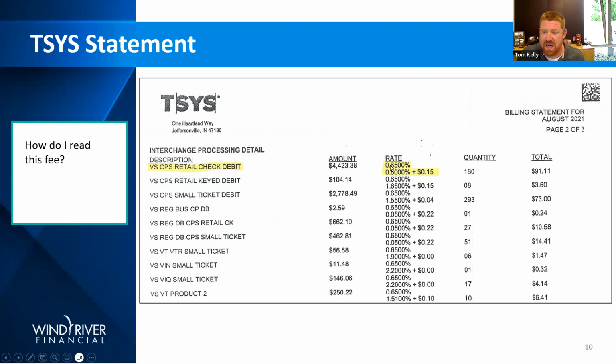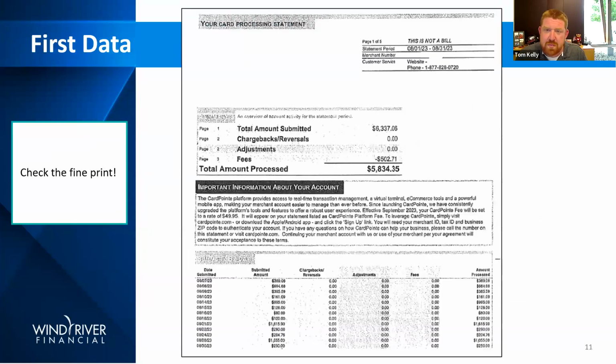So they're taking the 65 basis points along with the 80 basis points and 15 cents and giving you one grand total. So they're bundling that together, but again, still showing you what the card brand fees are and what your rates are. So again, still an interchange plus or cost plus program from TSYS here.